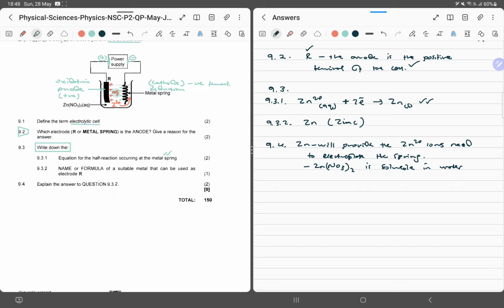Instead we start reducing water into hydrogen gas, things like that. So essentially we want something that is going to form a soluble solution with nitrate so that we can be able to remove those ions back into our electroplating. So perhaps those 2 are enough, or even just 1 is enough.